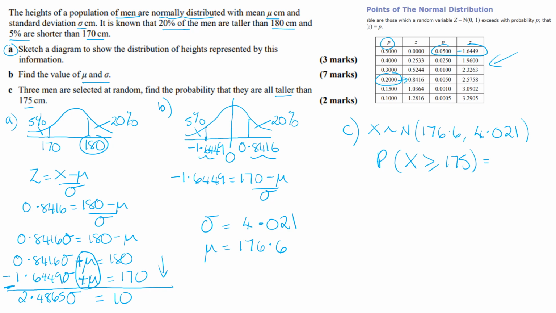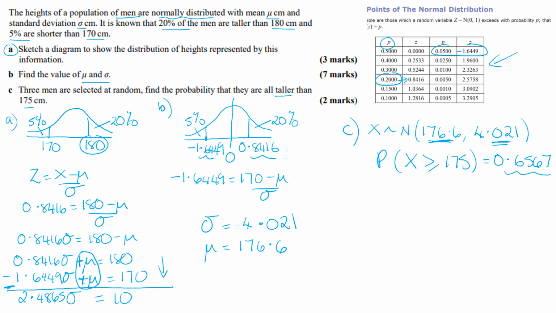And when you feed it into your calculator, you'll need to put a lower limit of 175 and then just choose an upper limit, say 1,000, 10,000, and then feed in these values. On your calculator, you get 0.6567. Now what I did is left these answers from my simultaneous equations to more decimal places to get a better answer there.